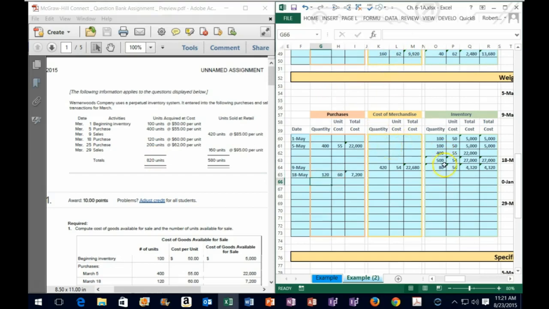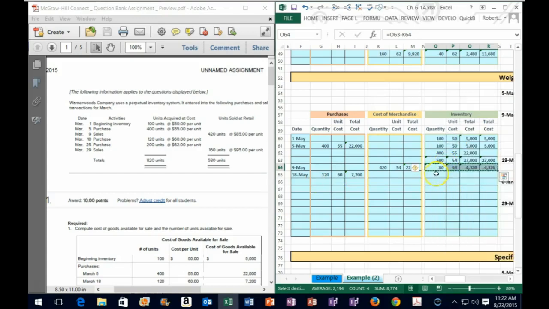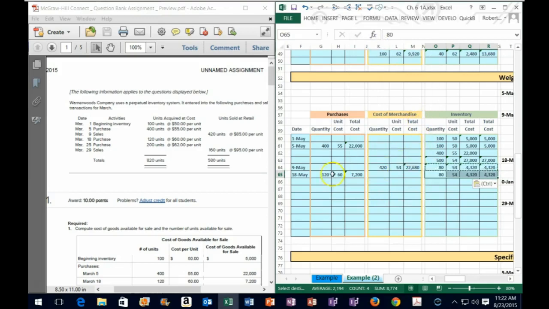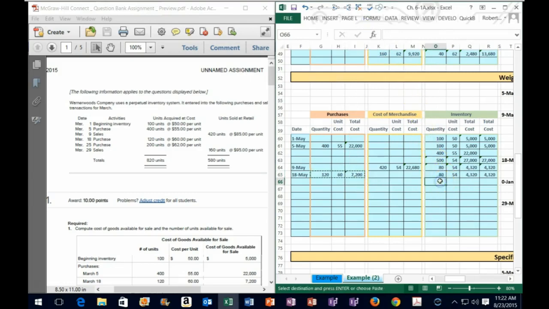There we have it. This is our old layer now. I'm going to go ahead and copy that down and then add the new layer to it. So I'm going to right click, I'm going to copy this, I'm going to paste it, 1, 2, 3 there. Then I'm going to highlight these, the new layer we have, right click, copy those, I'm going to right click, paste it, 1, 2, 3 there.